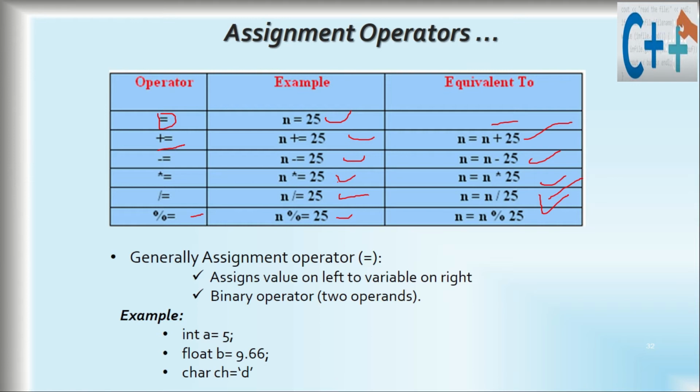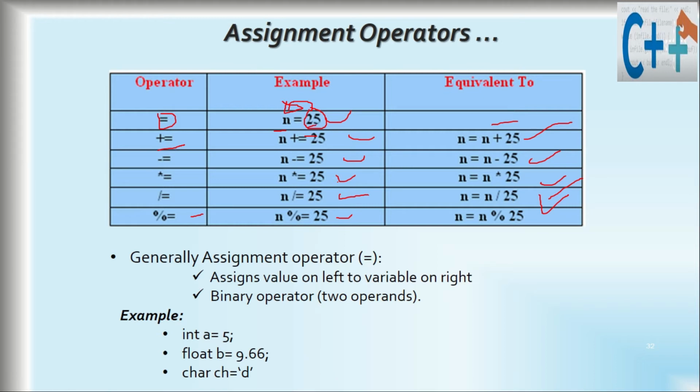So the assignment operator is used to assign the value on the right to the variable on the left. Values are taken from the right, and this value is assigned to the left. Binary operators take two operands, this and this.